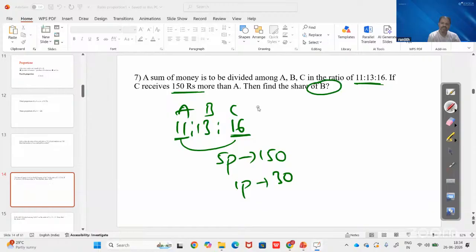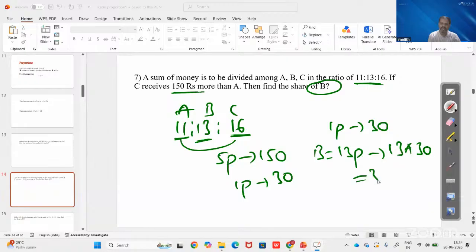Find the share of B, where B equal to 13 parts. 13 into 30 equal to 390 rupees. So the answer is 390.